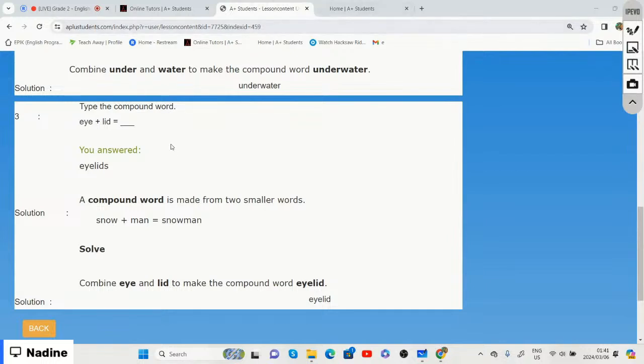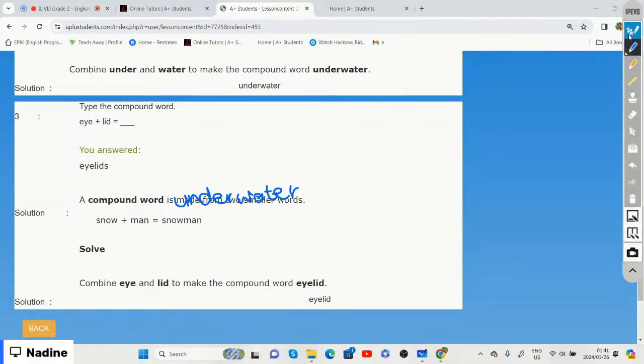These are all words which are called compound words. So eyelid is correct.